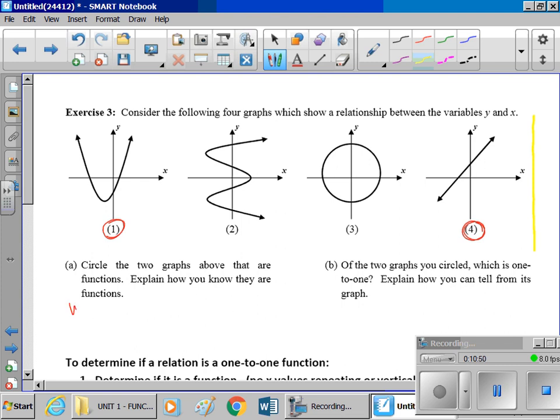So you can say we used the vertical line test to determine they are functions. So to determine that each input has a unique output.